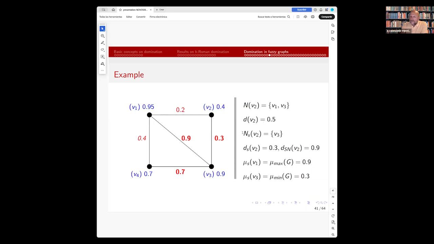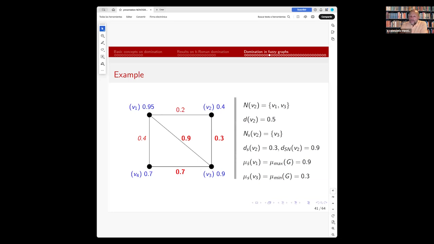But the strong neighborhood of the vertex is only B3, because the edge joining the vertex with B1 is not a strong edge. So the strong degree in this case is only 0.3, and the strong neighbor's degree would be 0.9, which is the membership value of the strong neighbor.